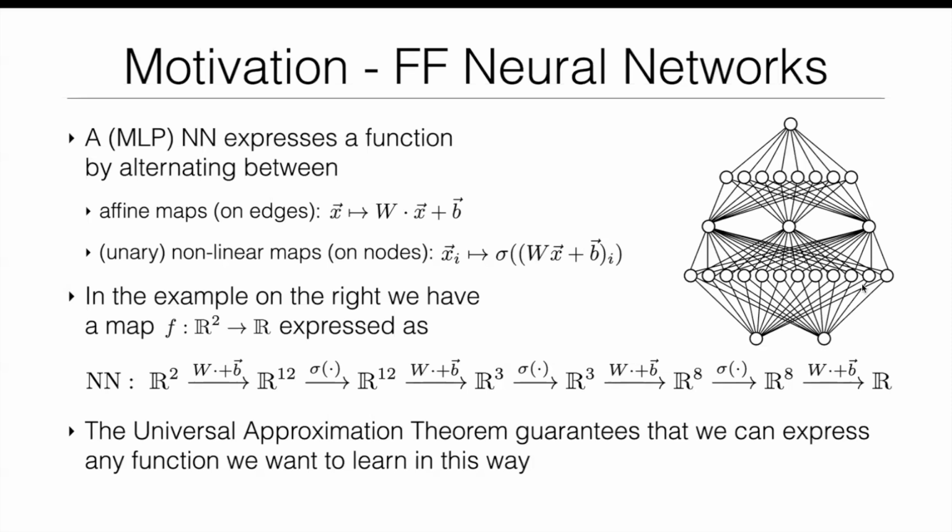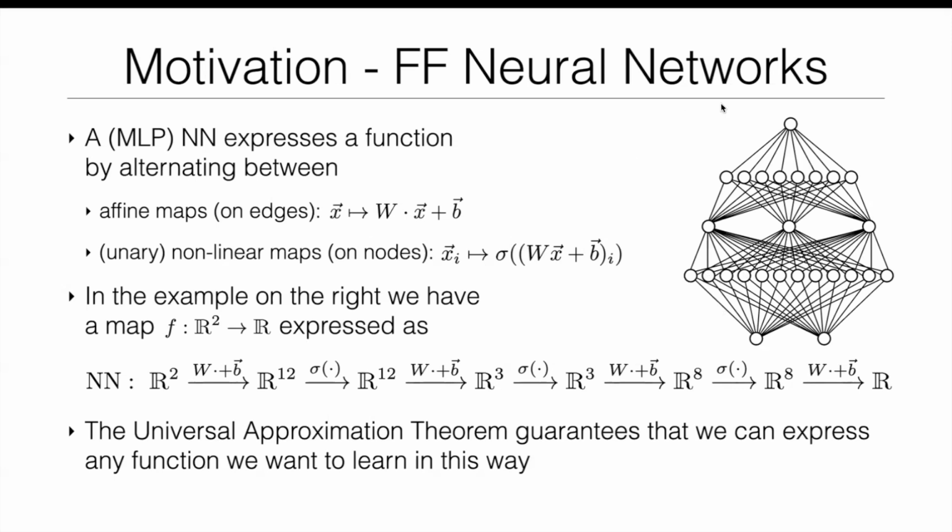So there's no loss of generality to write your function in this way, essentially. And then, of course, the name of the game becomes to find these parameters inside the matrix W and inside this vector B, such that this function, which can be any function, is the function you want.